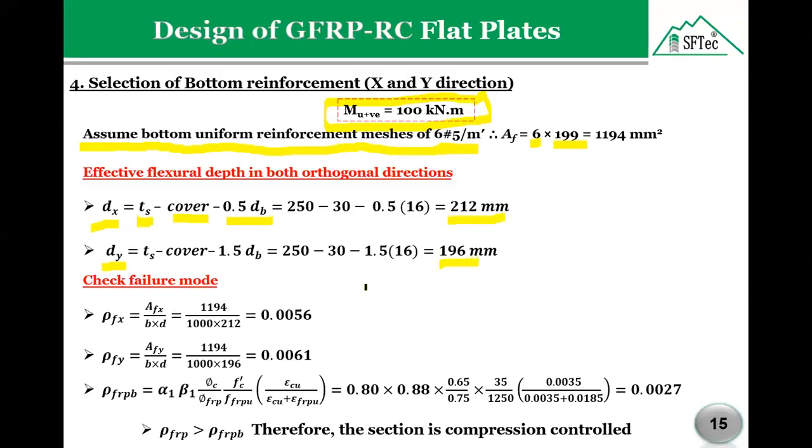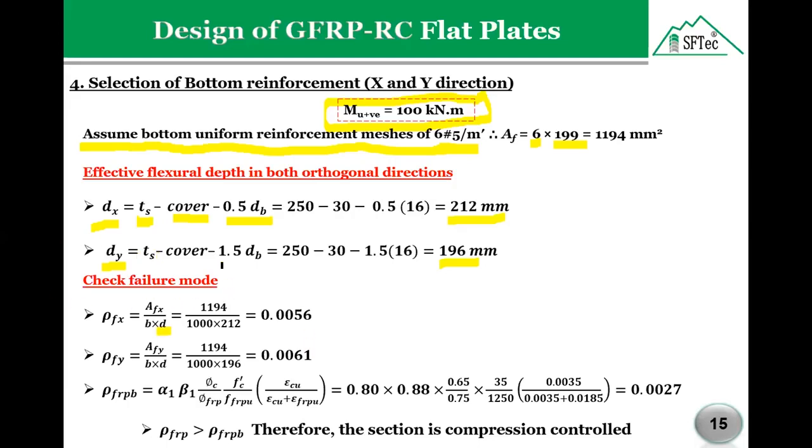As I mentioned in our first webinar for the design of flat plates using GFRP bars, we should check the failure mode. So here we have the area of reinforcement in 1 meter, and we have the flexural depth in X direction and in Y direction.